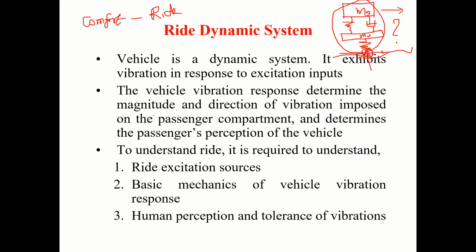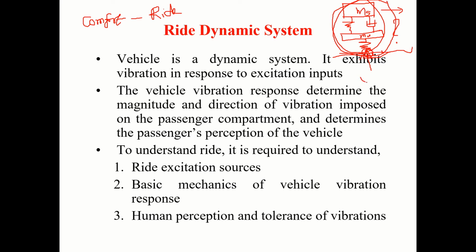So let us understand which are all the excitation sources. Then, after understanding all the excitation sources, let us express them in the form of an equation. Then we will develop the model of the system, that is the vehicle.